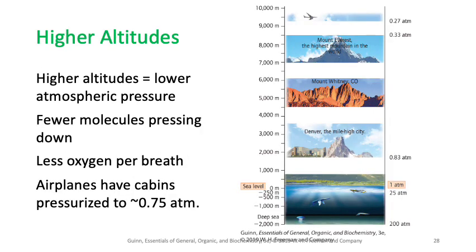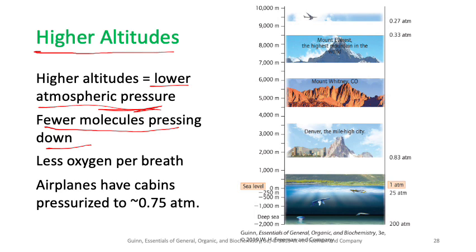So now let's take an example about atmospheric pressure at different heights. At higher altitude you always have lower atmospheric pressure, like the top of Mount Everest or any hilly area, because you always have fewer molecules pressing down, since you have less air present at that particular location.